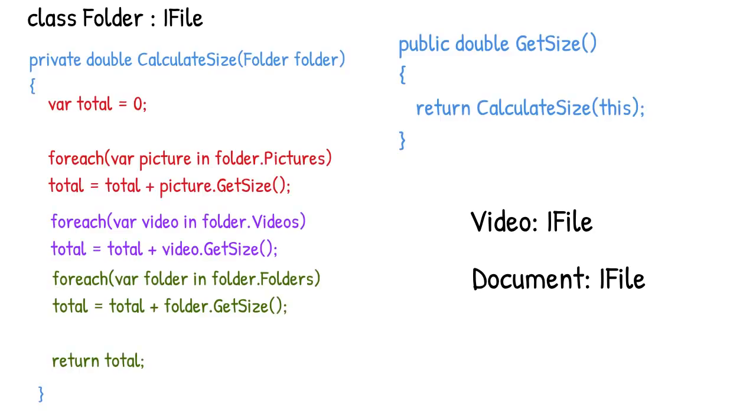Now to support the requirement to calculate the size of any file or any folder within this structure, we implemented composite pattern in such a way where every file and every folder started acting in the same way, because folder also implemented the same IFile interface as that of the files.